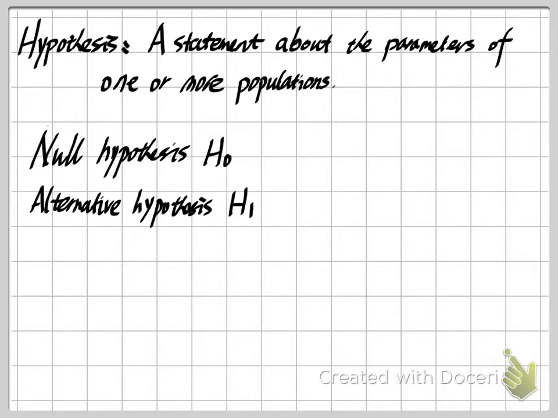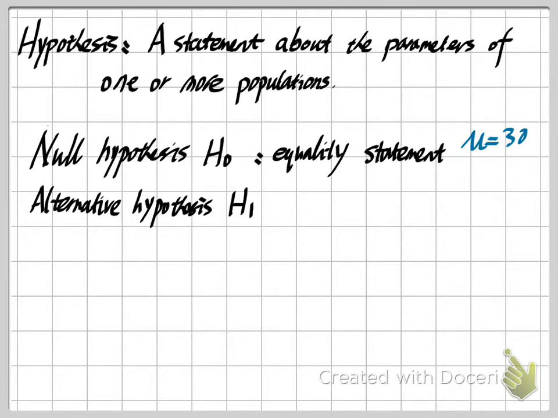In general, there are some common rules for our null hypothesis and alternative hypothesis. For the null hypothesis, we generally use equality to state our assumption. For example, the population mean mu is equal to a value, for example, equal to 30.